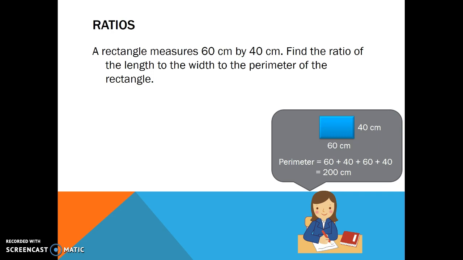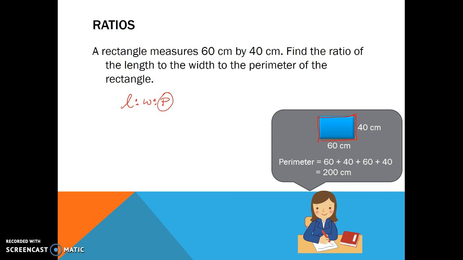If we're gonna write a ratio of length to width to perimeter, we've got to have that number, right? So we need to do a little bit of addition. Whenever we are finding perimeter, we're finding the whole distance around something. In this case, it's just a rectangle.